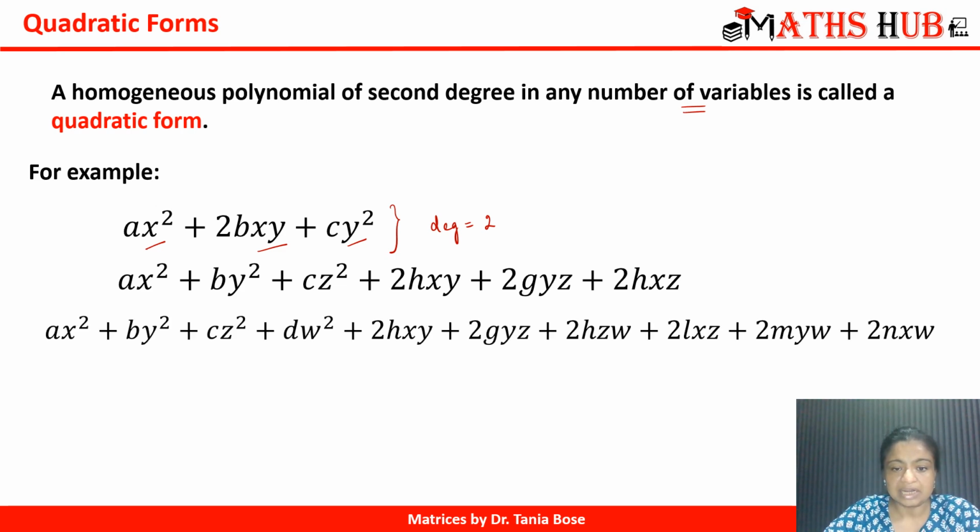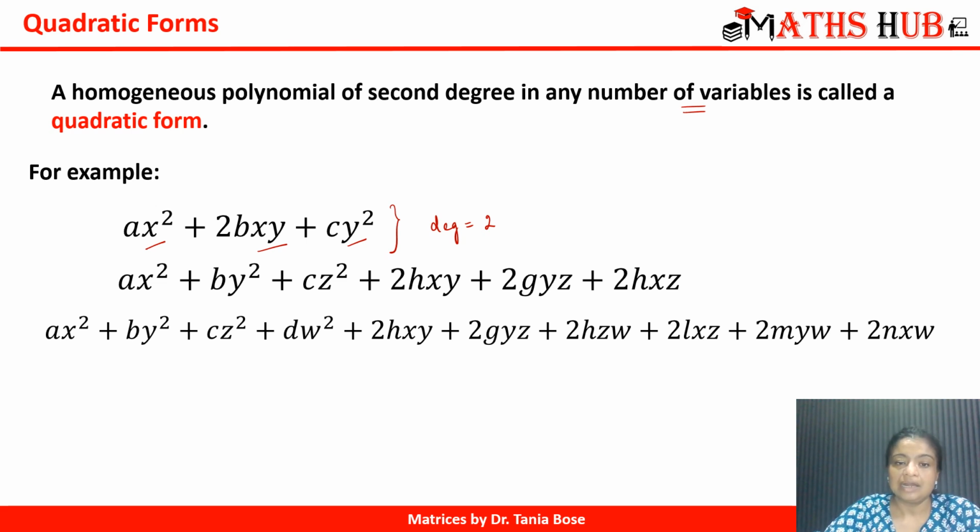Now, let us take another second degree polynomial in 4 variables. Here the polynomial is ax squared plus by squared plus cz squared plus dw squared plus 2hxy plus 2gyz plus 2hzw plus 2lxz plus 2myw plus 2nxw.